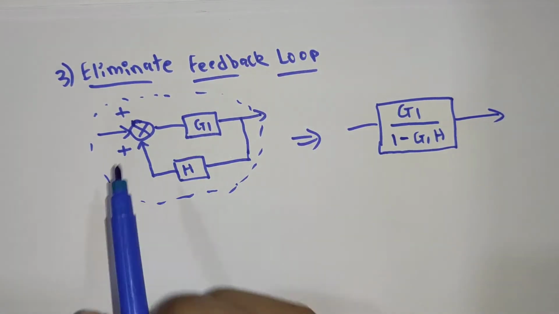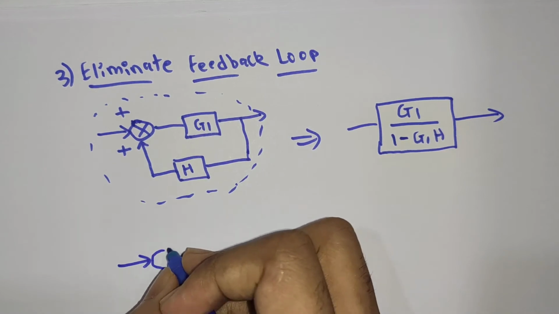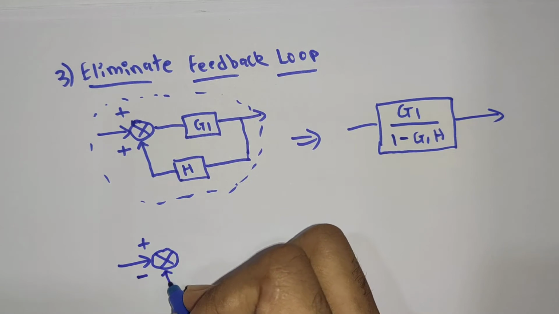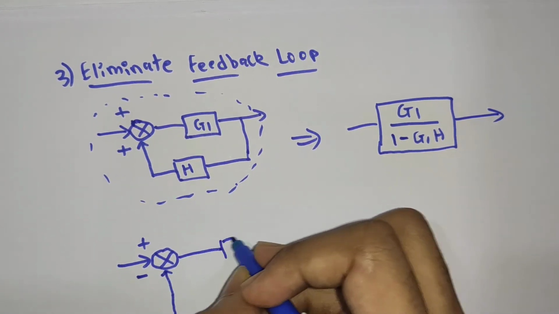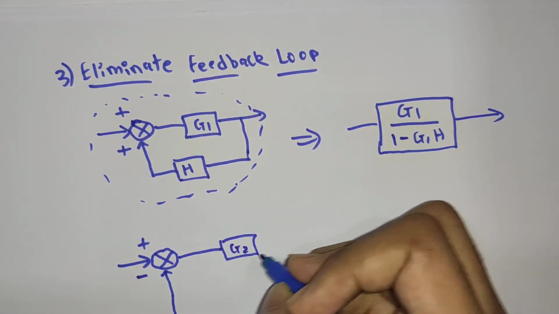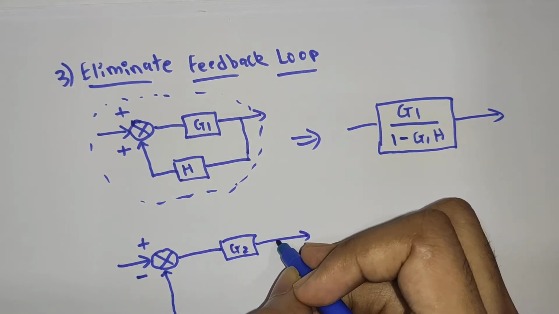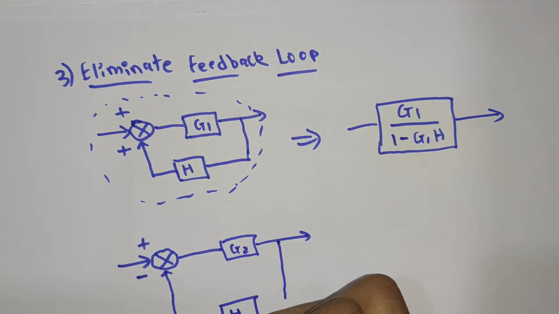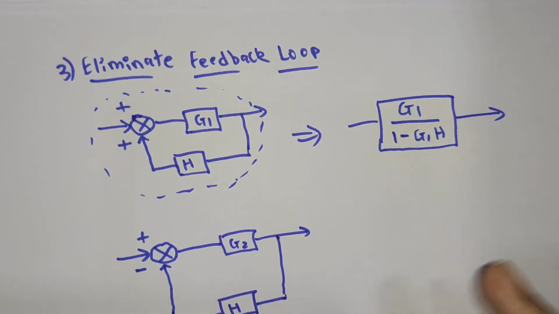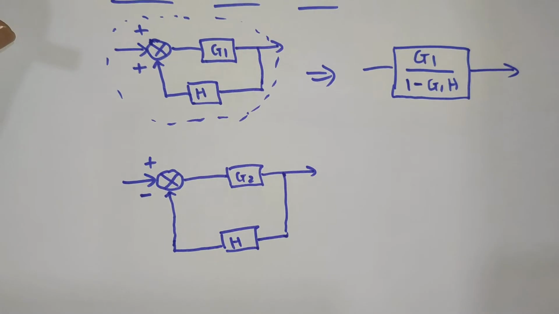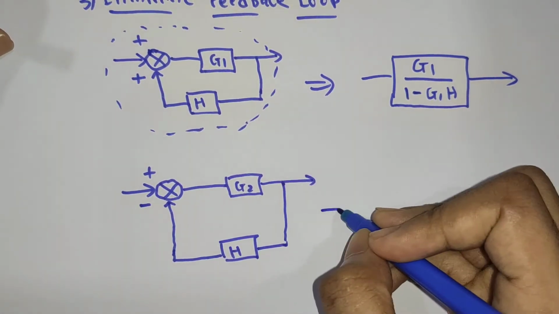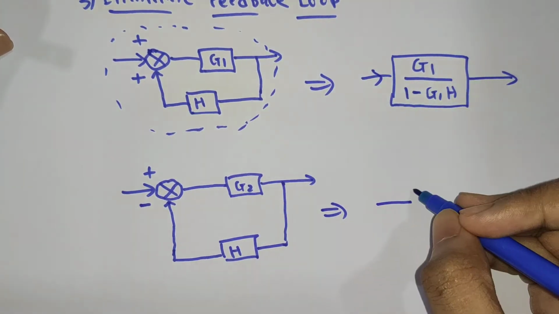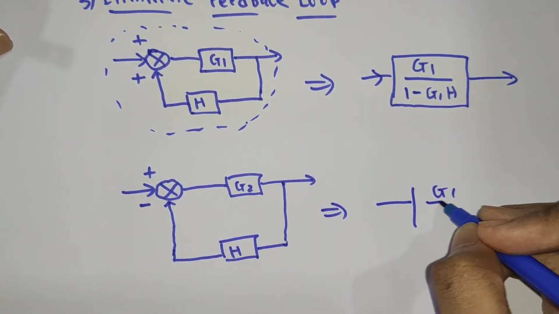But if you are given a positive sign here and a negative sign on the feedback, and let's take G2 as the block with the output and the feedback block H, then the formula will be the same with only a slight difference.